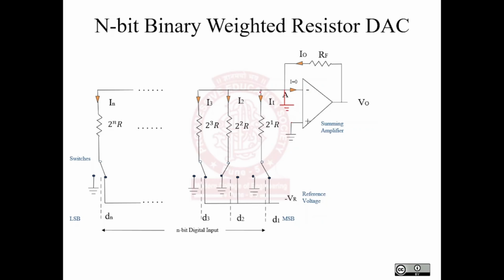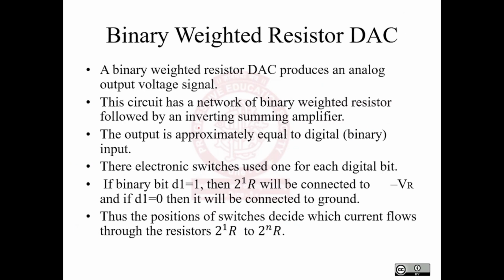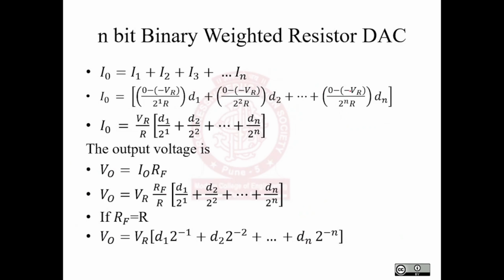So I1 is equal to 0 minus of minus VR upon 2 raised to 1 R. Likewise, I2 is 0 minus of minus VR upon 2 raised to 2 R, and I3 is 0 minus of minus VR upon 2 raised to 3 R. We take VR upon R common, and it will be d1 upon 2 raised to 1 plus d2 upon 2 raised to 2 plus so on up to dn upon 2 raised to n.